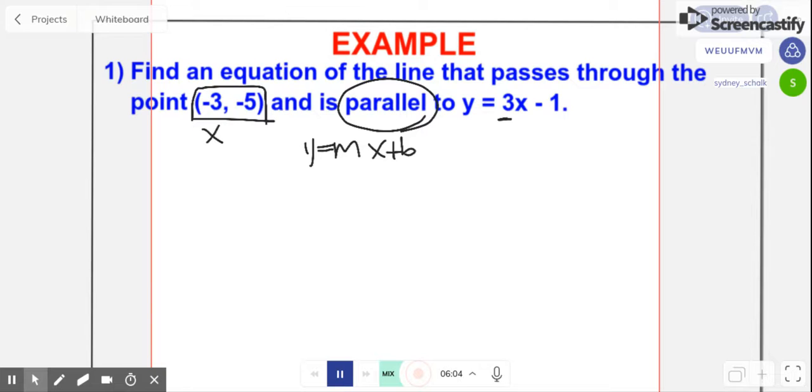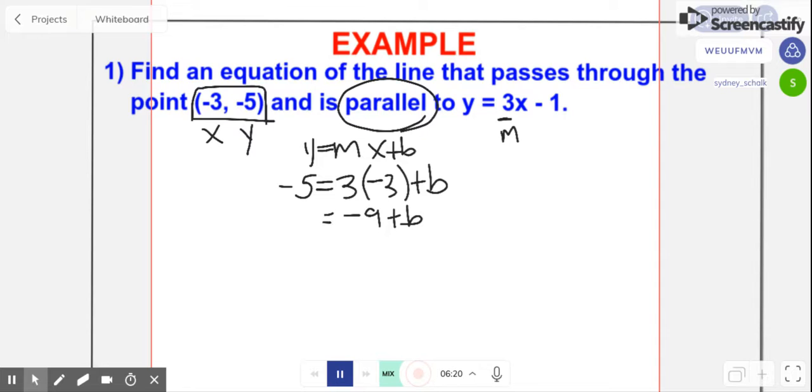We know that our x is -3, our y is -5, and our slope is 3. So we get -5 equals 3 times -3 plus b. And now I get -9 plus b equals -5. Add 9 to both sides, and I get b equals 4.